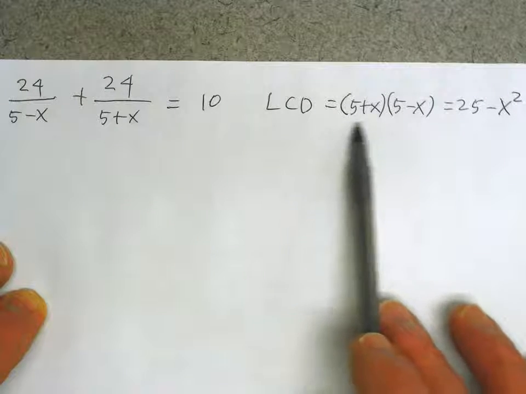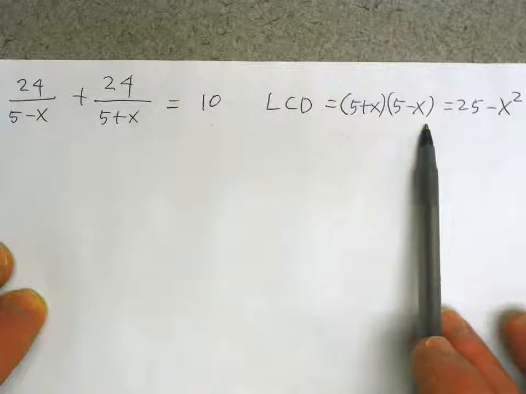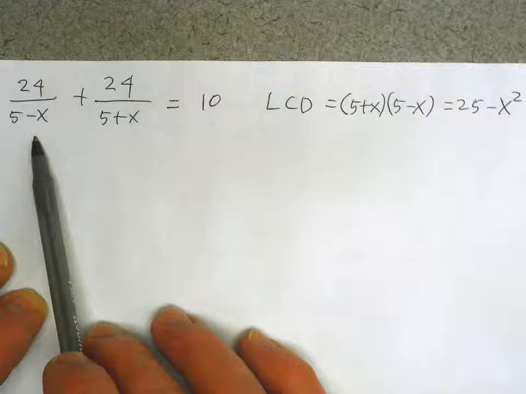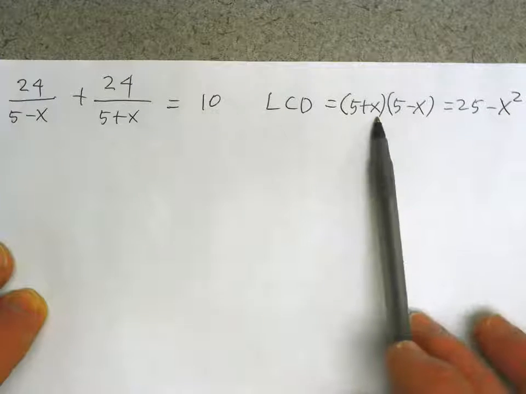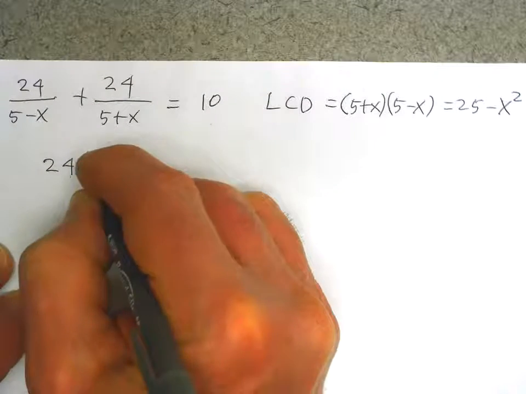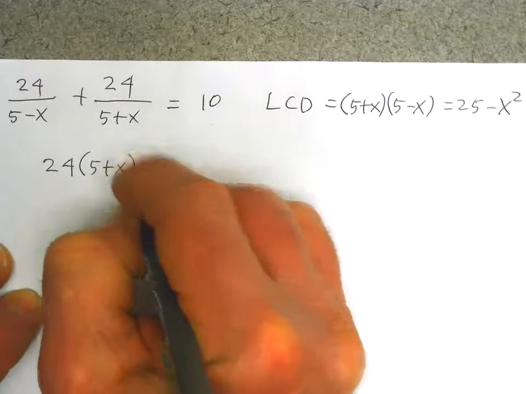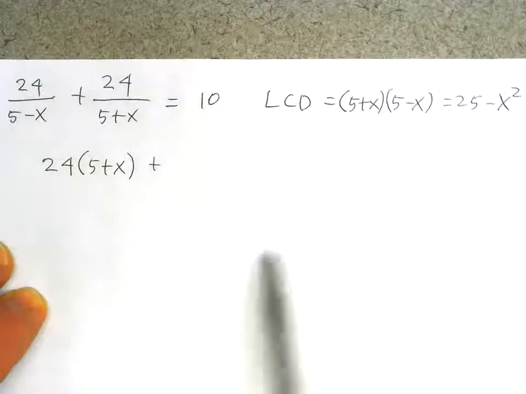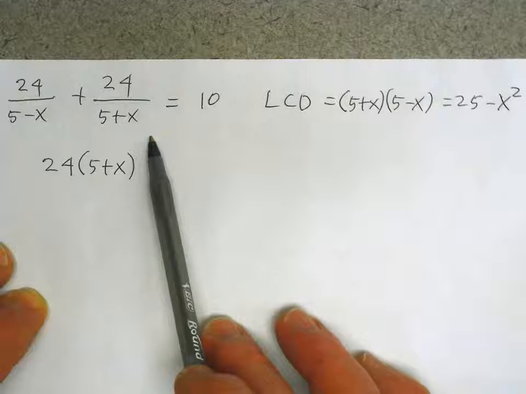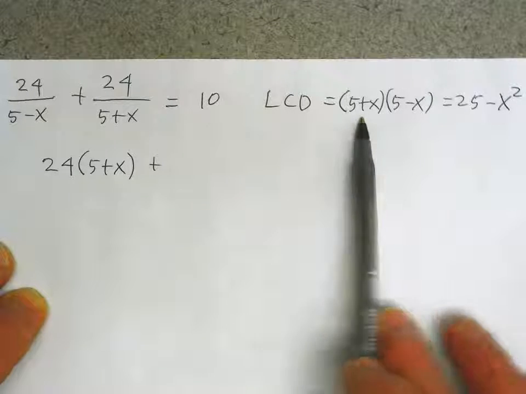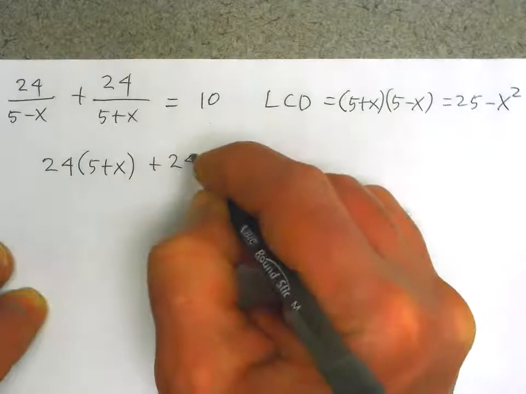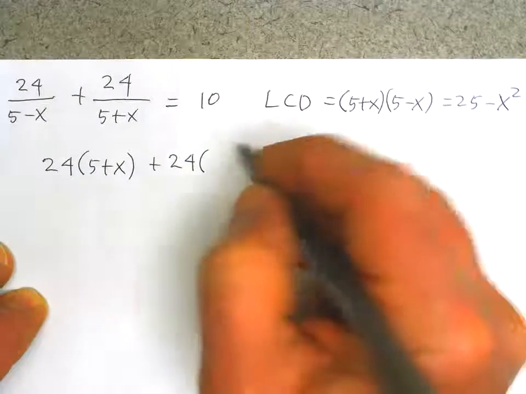So in factored form, if we multiply 5 plus x times 5 minus x times 24 over 5 minus x, the 5 minus x factors cancel, and we'll just be left with 24 times 5 plus x. Then we multiply the least common denominator by 24 over 5 plus x. This time the 5 plus x factors cancel, so we'll just have 24 times 5 minus x.